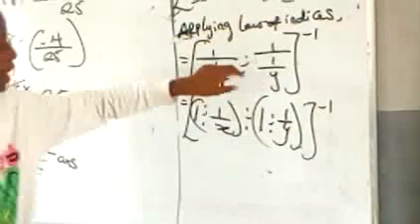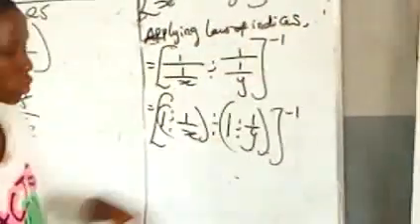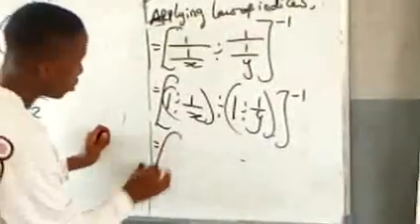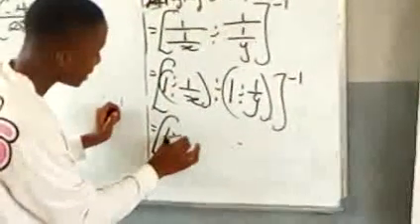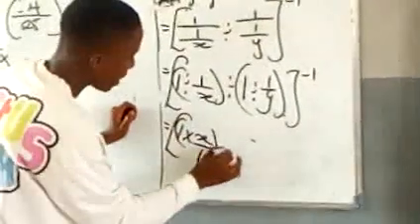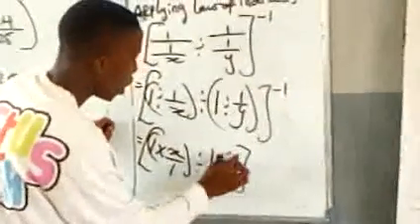So 1 divided by 1 over x divided by 1 divided by 1 over y, all raised to the power minus 1. Now equals, division will change to multiplication. We now have 1 times x over 1 divided by 1 times y over 1, all raised to the power minus 1. So 1 times x will give us x. So x divided by 1 times 1 will give us y, all raised to the power minus 1.